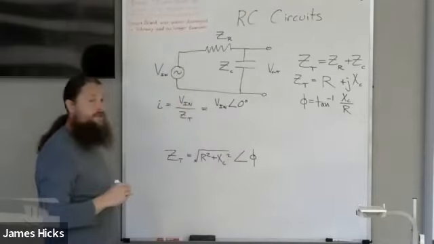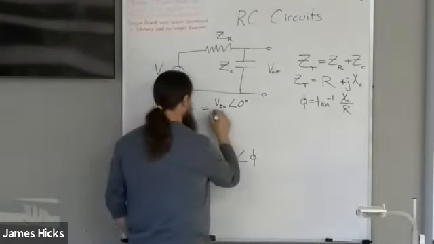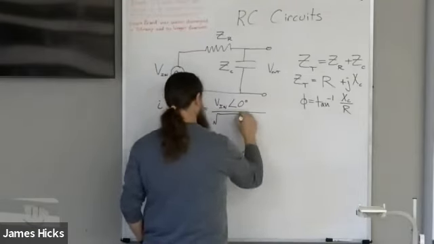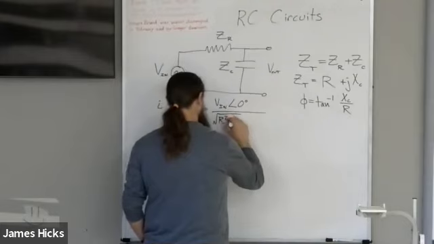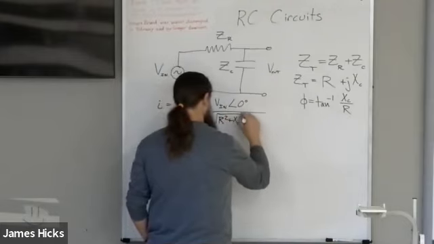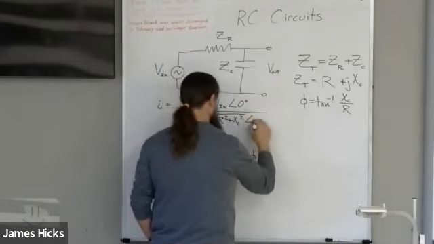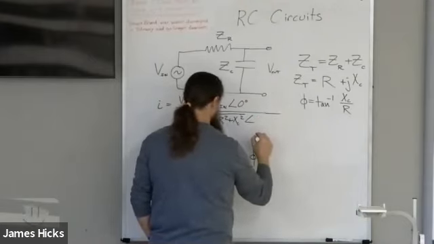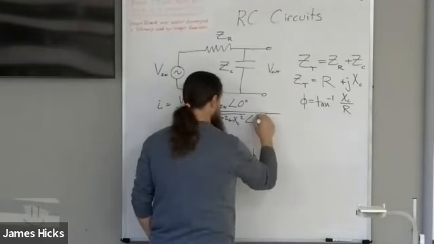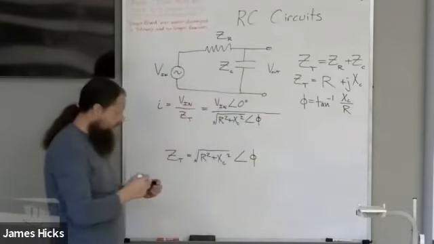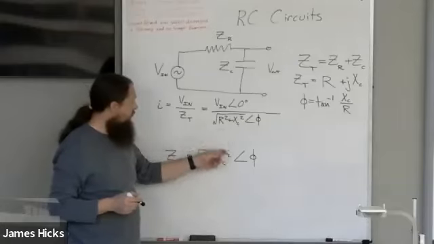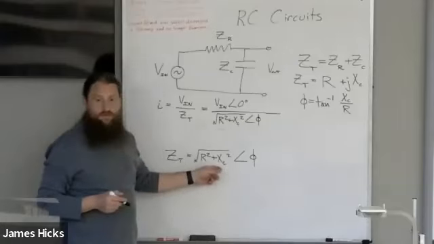So V in at 0 degrees, and in the denominator, we just have that same expression for the total impedance.